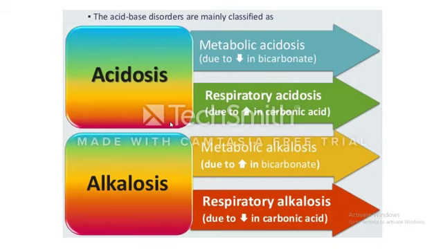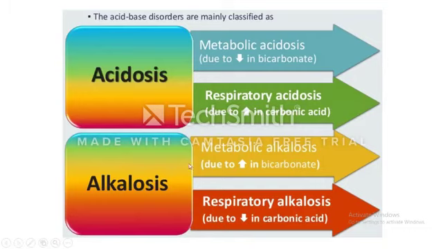Now the acid-base disorders are mainly classified in two categories depending on the reason. Acidosis can be metabolic acidosis, that can be due to the drop in bicarbonate ion concentrations, or it can be respiratory acidosis, and the reason of respiratory acidosis is the rise in the carbonic acid.